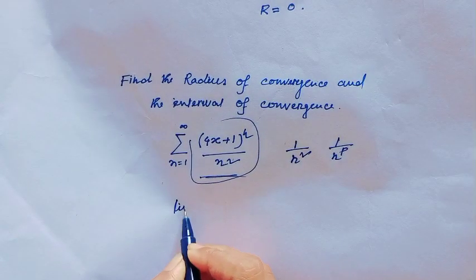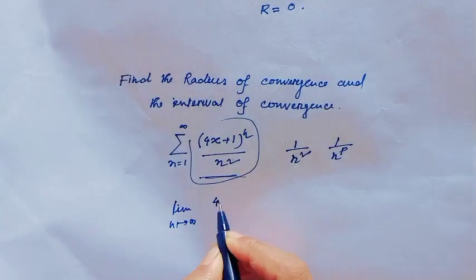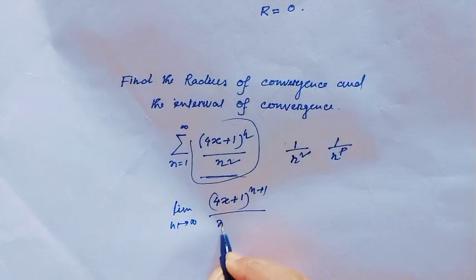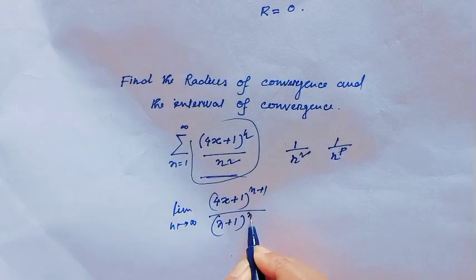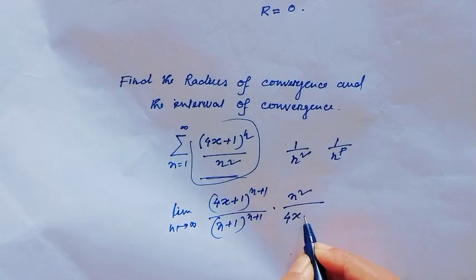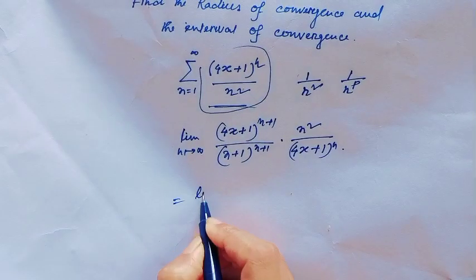Limit n tends to infinity, a_(n+1) over a_n, that means (4x plus 1) to the power n plus 1 over (n plus 1) square times n square over (4x plus 1) to the power n. Here this is very easy.